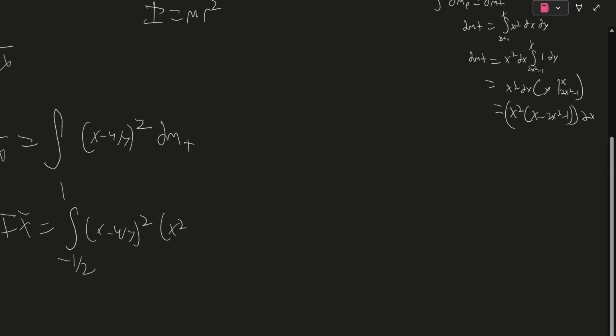We'll actually go ahead and multiply out our x squared, so this turns into x cubed minus 2x to the 4th minus x squared dx.